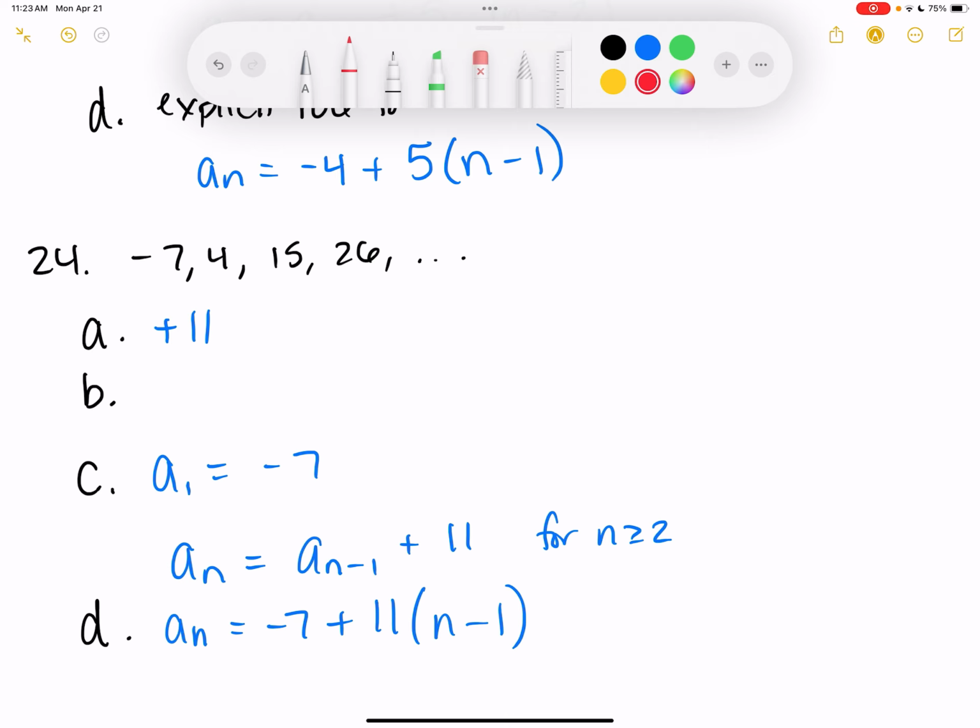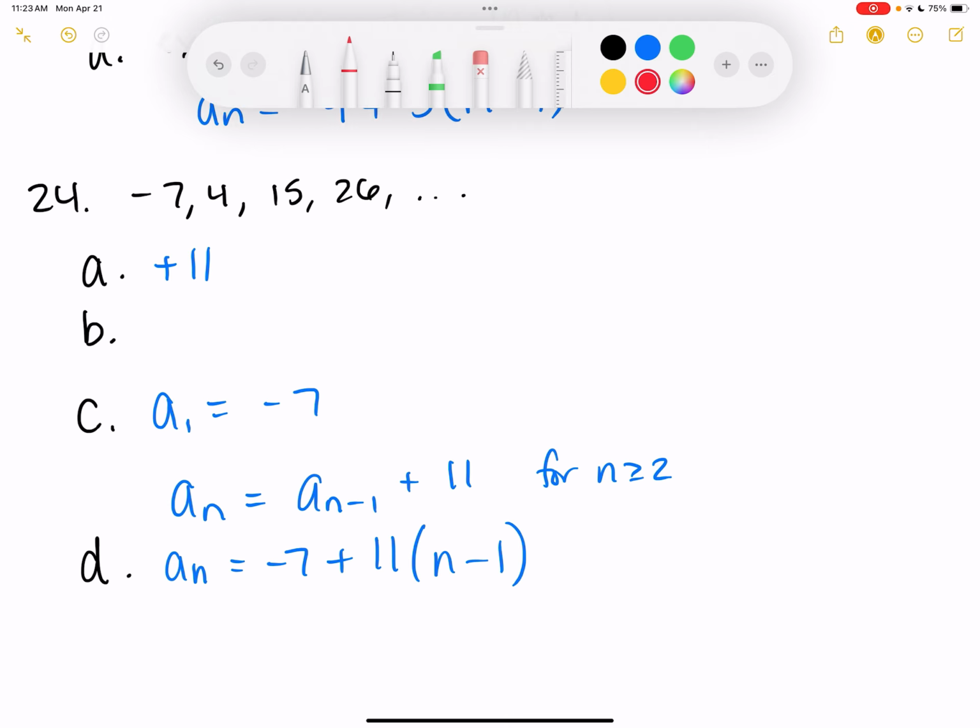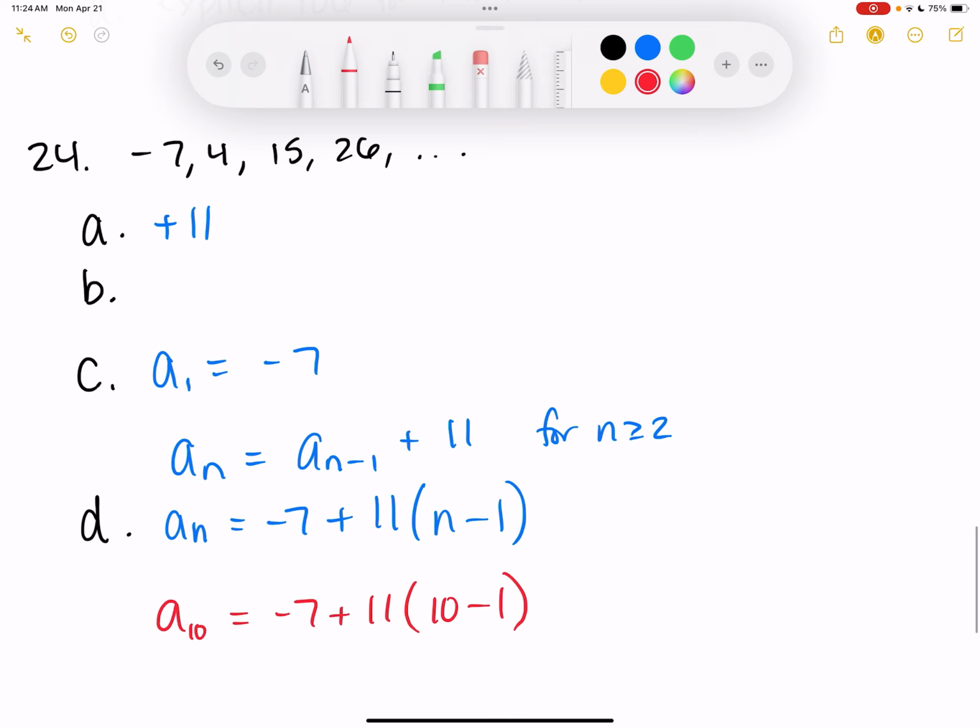So a sub 10 is equal to negative 7 plus 11 times 10 minus 1. So 11 times 9 is 99, minus 7 is 92. Going back up to part B, the 10th term would be 92.